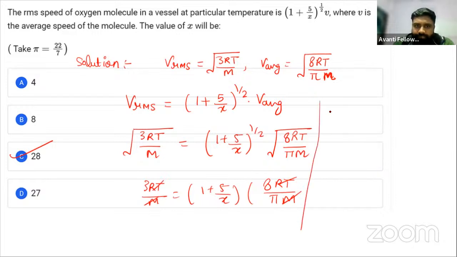This expression will become 3 is equal to (1 plus 5 by x) into 8 upon pi.